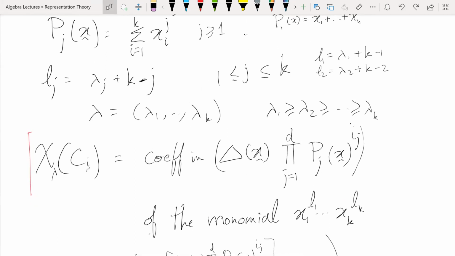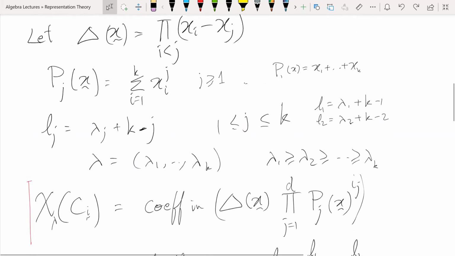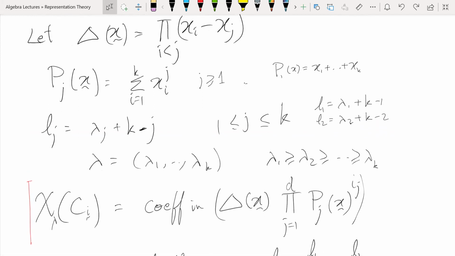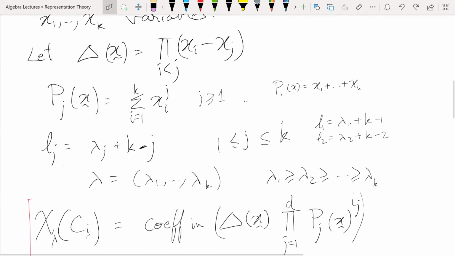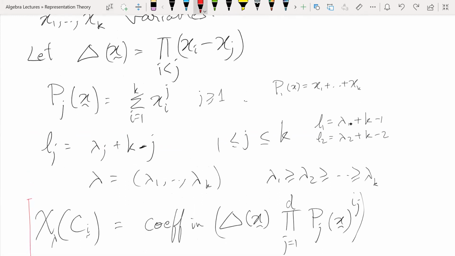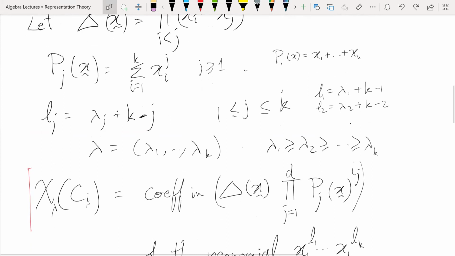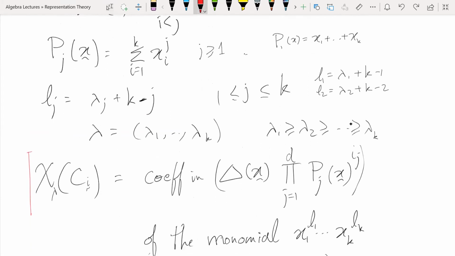This is the polynomial delta of x times the product over j equals 1 to d of Pj of x to the power ij. The ij's were the components of the Ci tilde. So we want in this polynomial the coefficient of the monomial x1 to the power L1 up to xk to the power Lk.